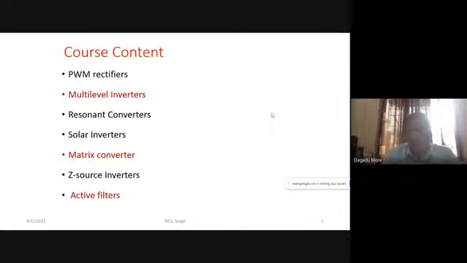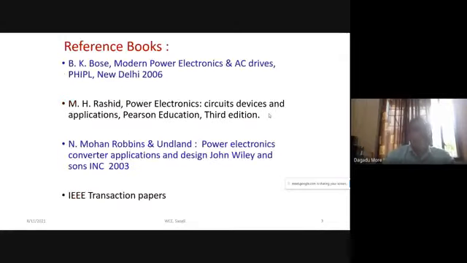So these are the six modules in the course, and you can take the names from the syllabus on Moodle, no problem. Now let us go to the reference books we have to use. We already know one book, B.K. Bose, Modern Power Electronics and AC Drives. Another book is M.H. Rashid, Power Electronics: Circuits, Devices and Applications, Pearson Education, 3rd edition.